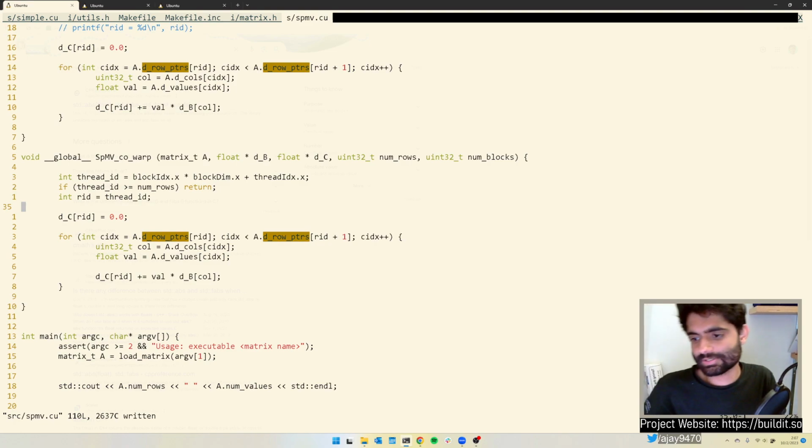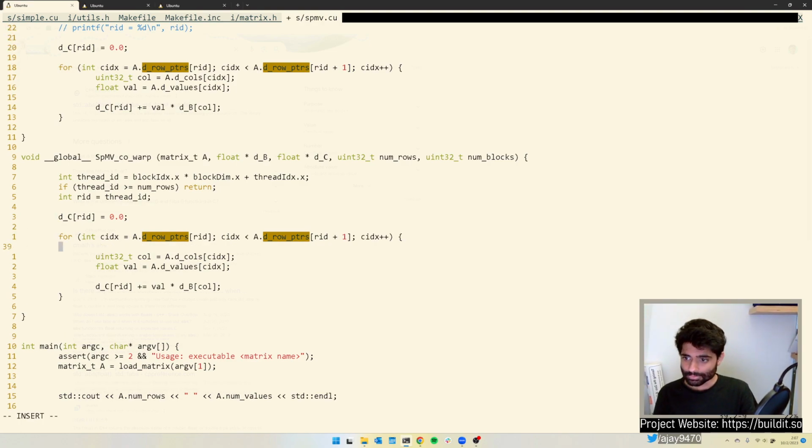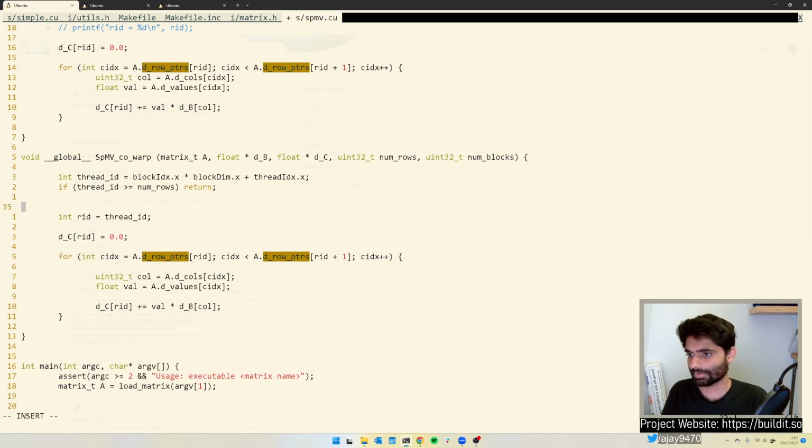What I'm going to do now is first identify, for each thread, which vertex I'm going to work on.